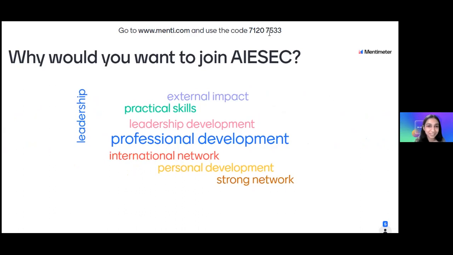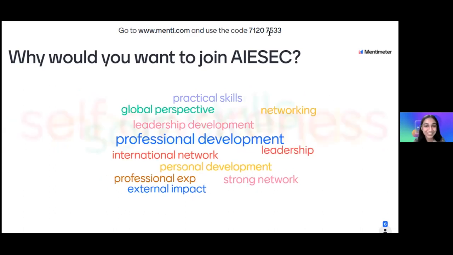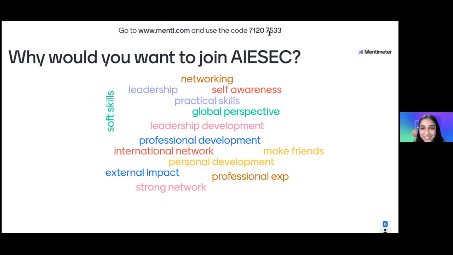External impact, right? Global perspective, and I'm trying to look for the new words, so don't mind that. Networking, okay, perfect. Soft skills, right? Self-awareness, yeah, I think all the LDQs are really nice. So make friends, perfect. Professional experience, external, okay.